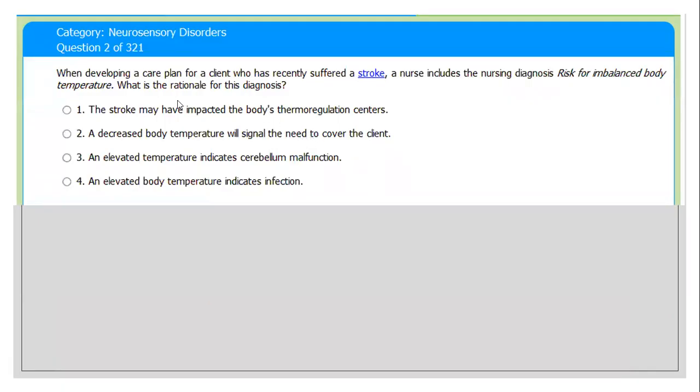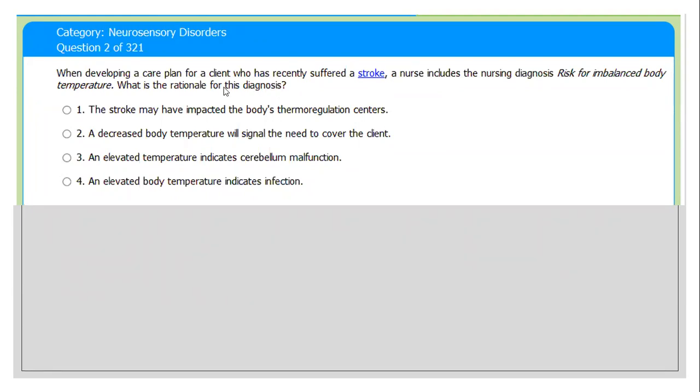The next question: when developing a care plan for a client who has recently suffered a stroke, a nurse includes the nursing diagnosis risk for imbalanced body temperature. What is the rationale for this diagnosis?